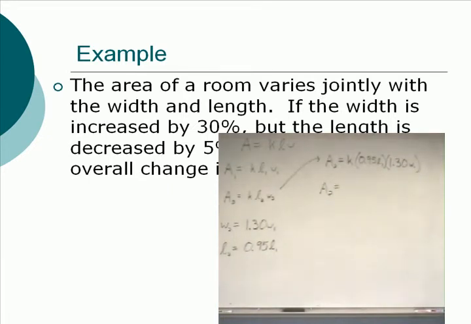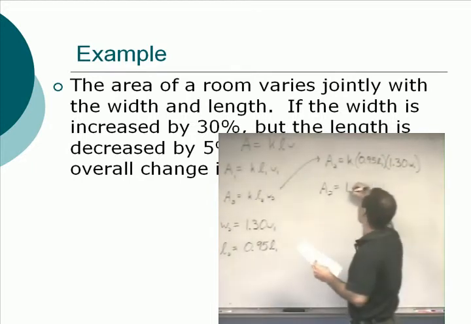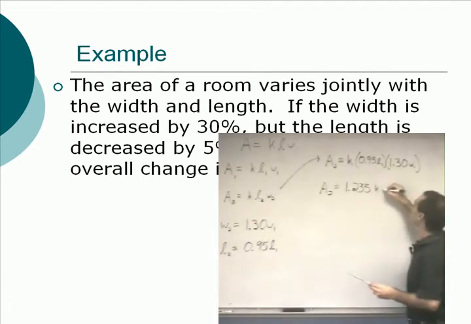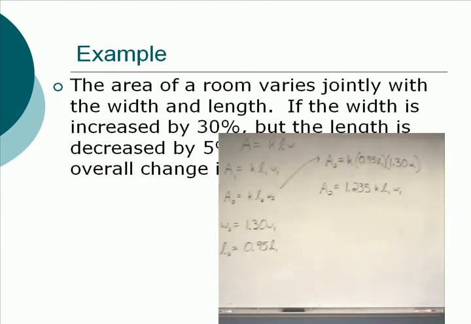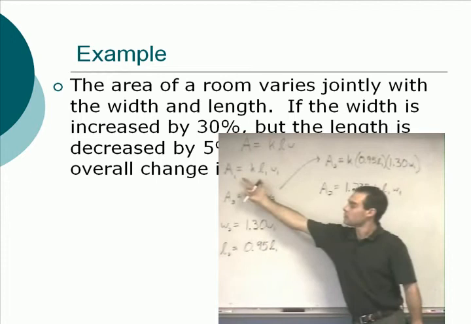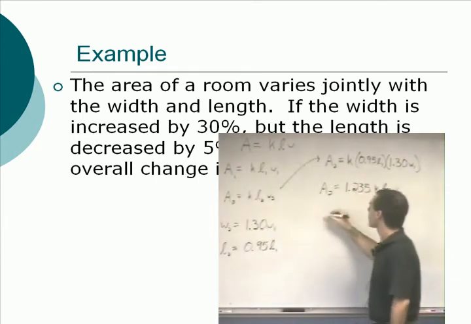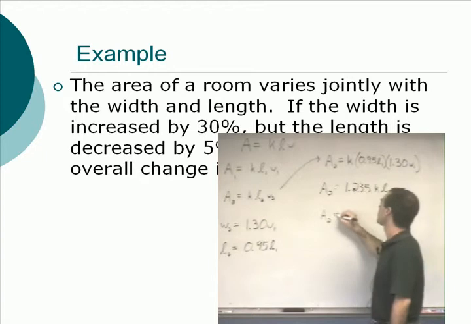Take those constants and mix them together: 1.235 times k L1 W1. But we know what k L1 W1 is. It was really just the fancy name for the original area.